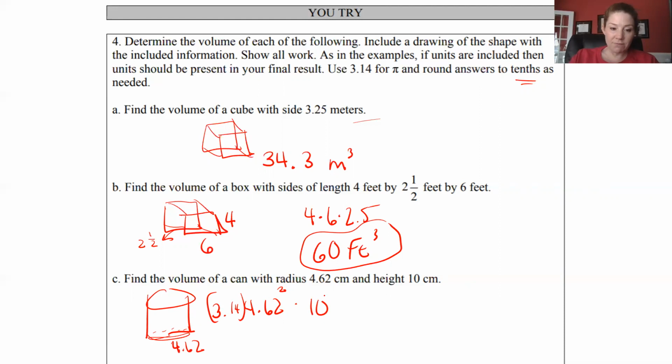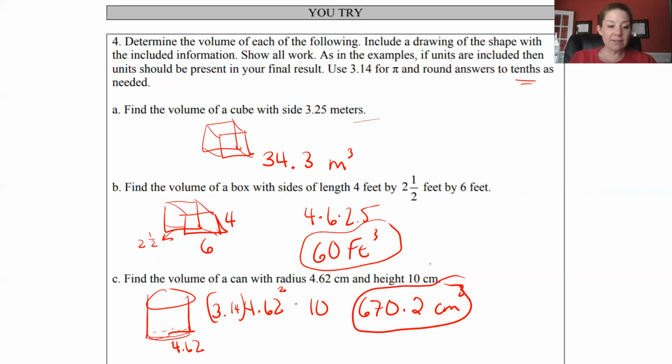So 3.14 times 4.62 squared times 10 is going to be 670.21, so 2 centimeters cubed.